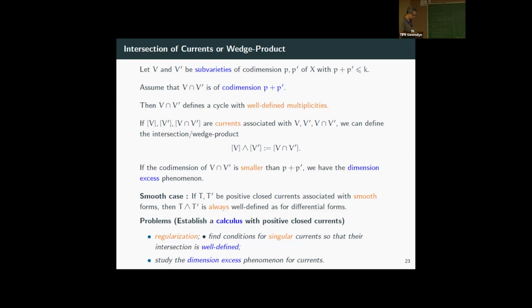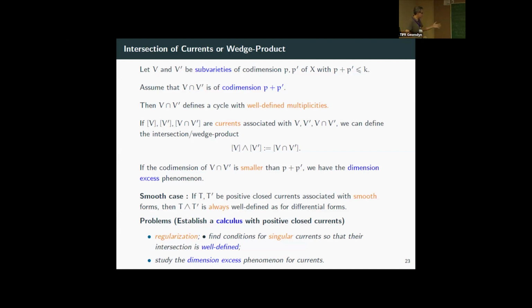Smooth case: if you have the smooth case, then the intersection of T and T prime is just equal to the wedge product of differential forms. The operation is the same as for differential forms. Okay, so the main problem for this theory is to establish a calculus with positive closed currents, but including regularization.